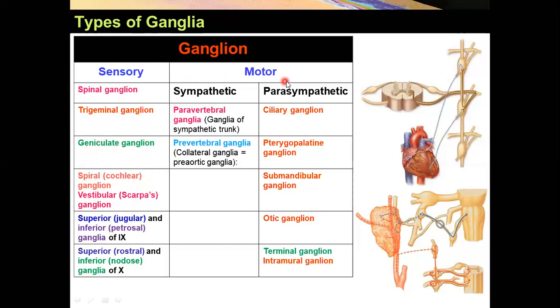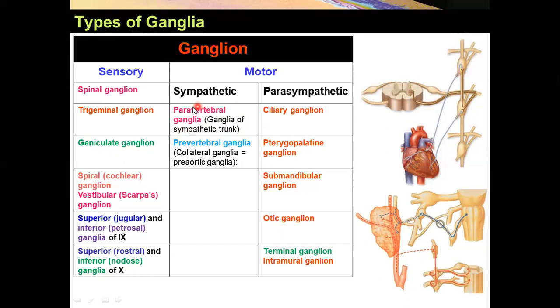Now, for the motor ganglia, we have two types of motor ganglia. We have sympathetic ganglia and the parasympathetic ganglia. Sympathetic ganglia are classified in two groups based on their location. There are the paravertebral ganglia, which are also called the ganglia of sympathetic trunk or the sympathetic chain.